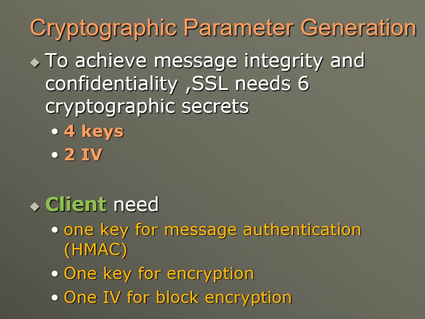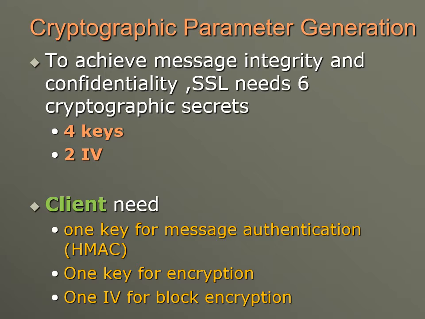As we have seen in the previous video, SSL provides services like entity authentication, message integrity and confidentiality. I told you that it requires 4 keys and 2 initialization vectors, that is 6 secrets are required.